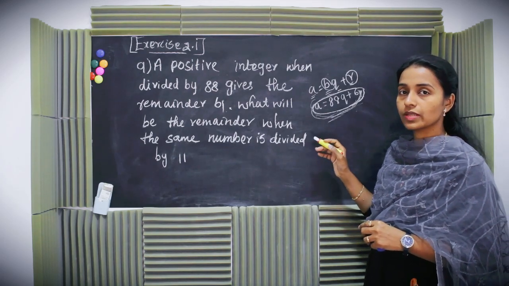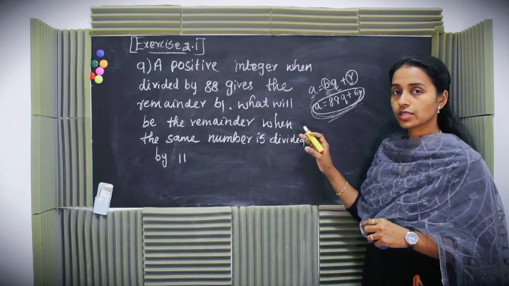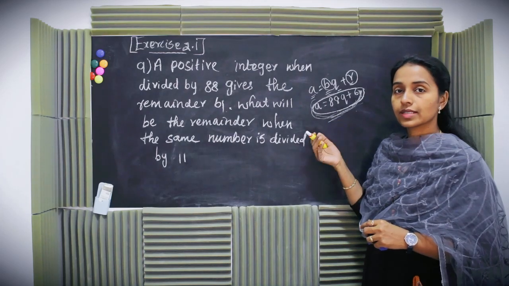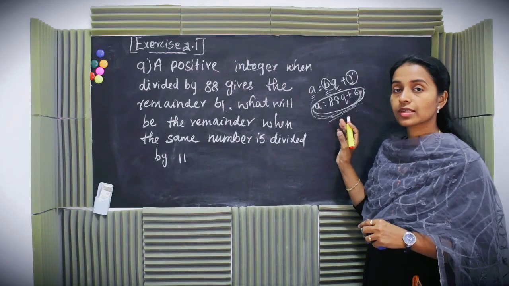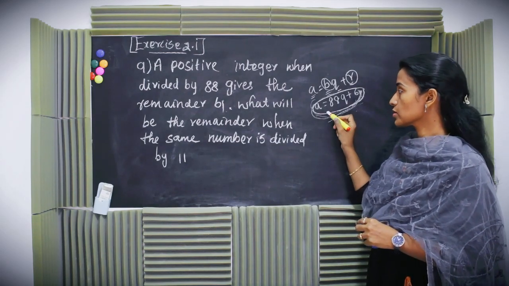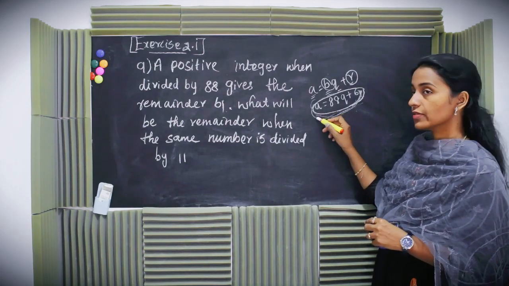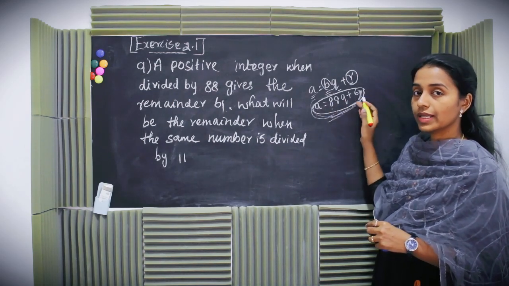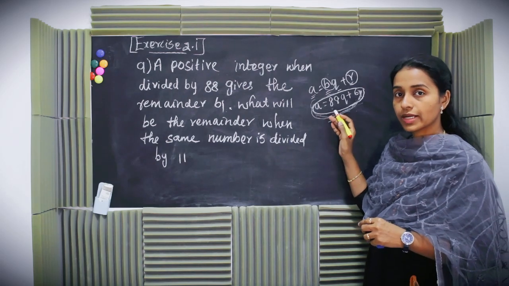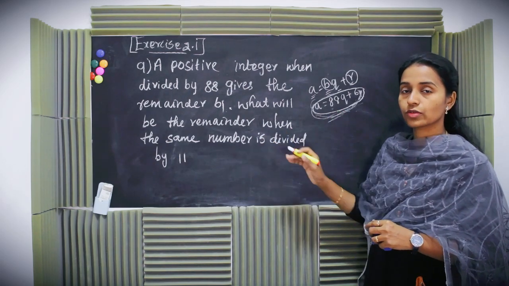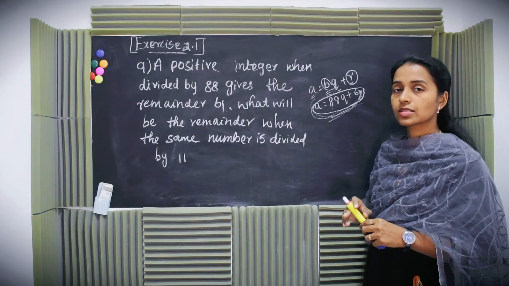It's very simple. If you understand the question, you can write the answer easily. You have to understand the question carefully. So if we are dividing this whole part by 11, the remainder we get would be the answer for this question. Okay, this is very simple.